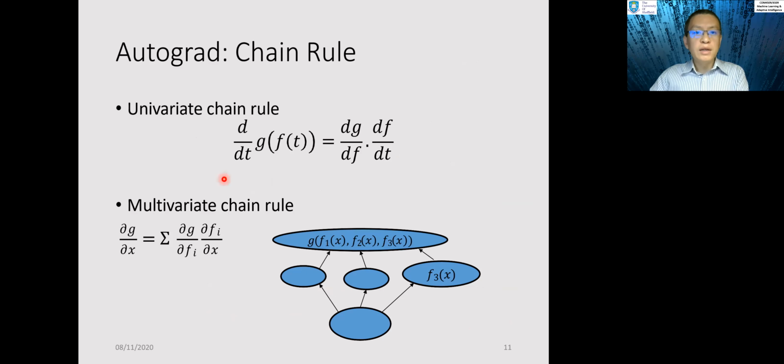And nowadays we use automatic differentiation, which is called autograd. The basic principle is the chain rule. Here is a chain rule for univariate variables, and here is a multivariate chain rule. You just need to know this to know the relationships between the output and the input.